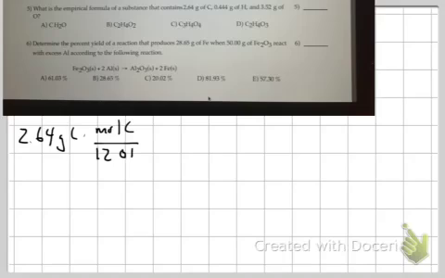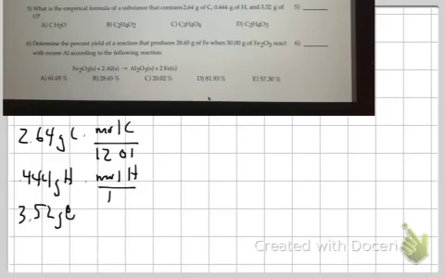I'm going to go back to the original empirical formula. 0.444 grams hydrogen times mole H divided by 1, and then 3.52 grams oxygen times mole O over 16.